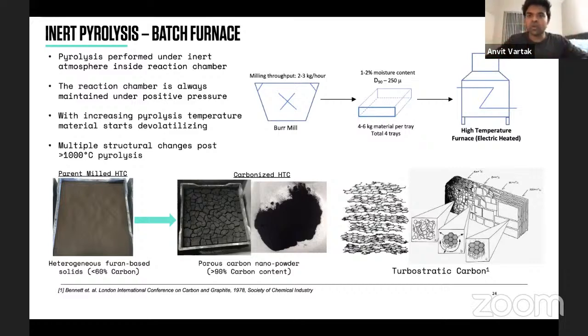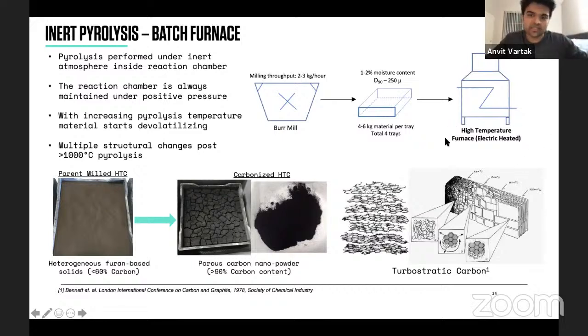So we go to a high temperature furnace, which is electrically heated. As I mentioned, there are some simple unit operations like milling, where you could use the coffee grinder, but there are some complex processes where you have to use specialized equipment. So this is not done in any random furnace or oven.